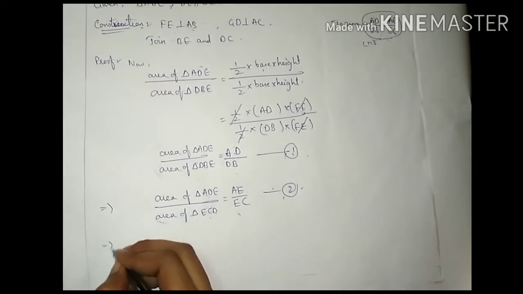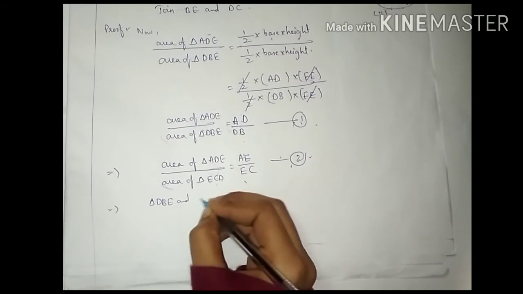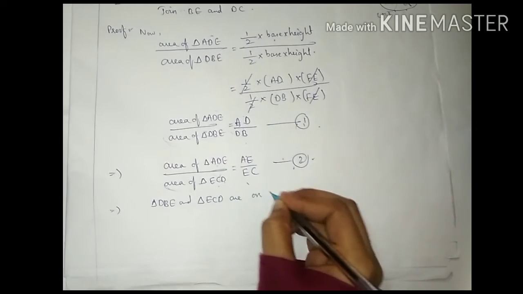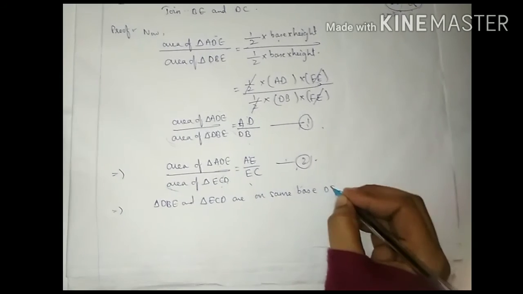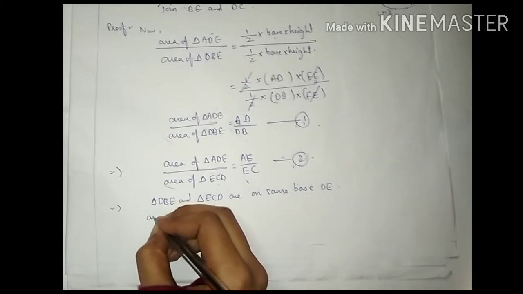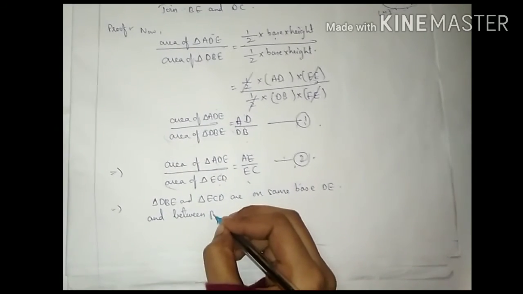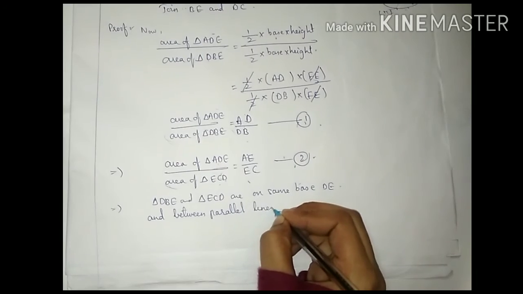Triangle DBE and triangle ECD are on the same base, DE, and between the parallel lines. So these two triangles are equal.